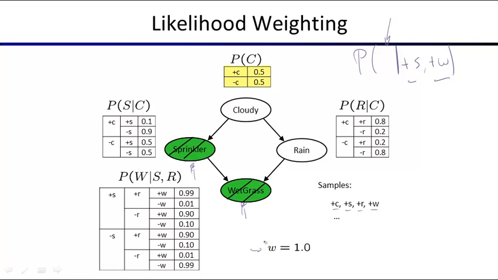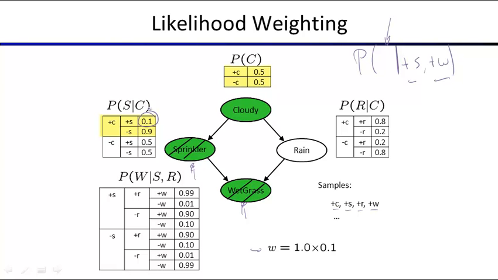So first one, sample plus C or minus C. We have ended up sampling plus C. That was sampled, so no need to adjust the weight. Next variable, S. We would sample from this distribution over here, but we're forcing it. Since we're forcing it to be plus S, we need to account for the 0.1 here. At this point, we multiply our weight with 0.1.